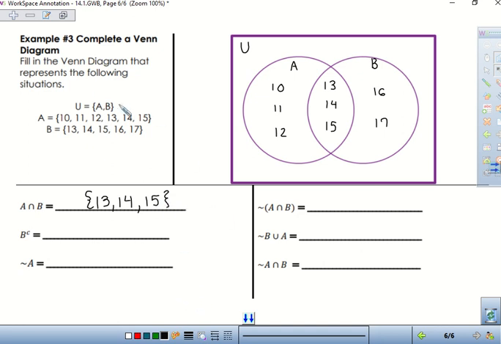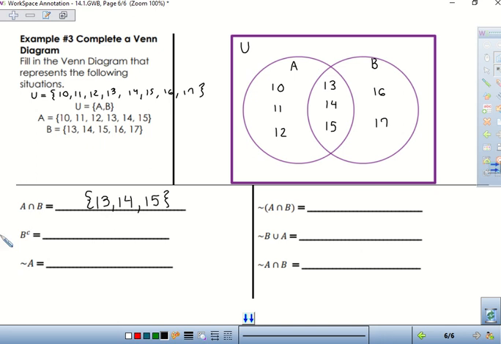B complement. B complement is everything in the universal set. So we have every number in the universal set. See how the universal set says A and B? That just means it includes everything that A and B both have. So it would be 10, 11, 12, 13, 14, 15, 16, and 17. So if you want to always write out the union or the universal set, if it helps you visualize it, you always can do that.